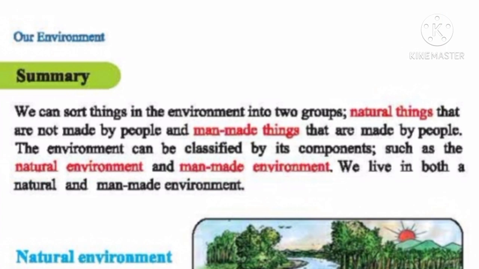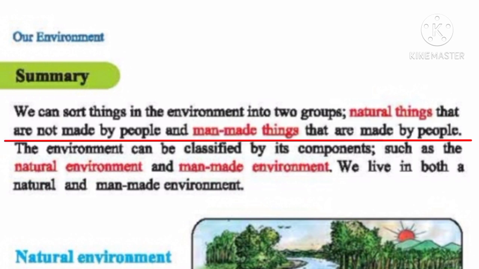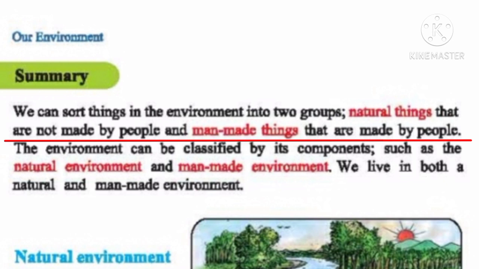Now I will read the summary from page number 4. We can sort things in the environment into 2 groups: natural things that are not made by people and man-made things that are made by people. We can see different types of things in our environment, and we need to divide these things into 2 groups: natural things and man-made things.